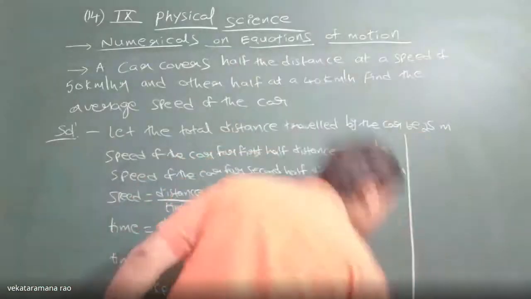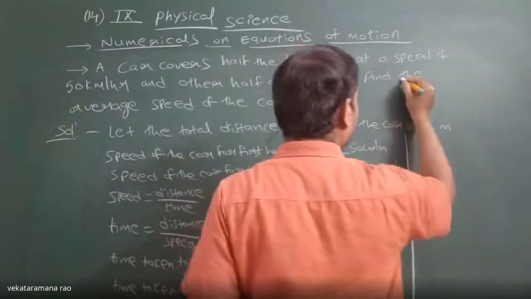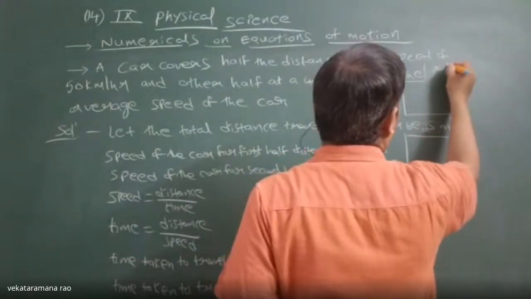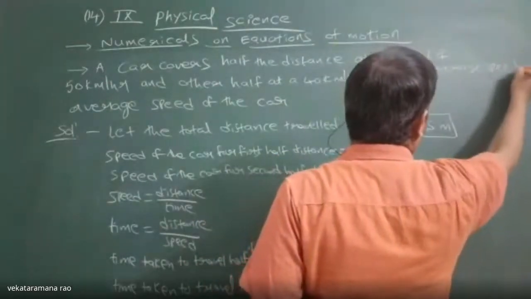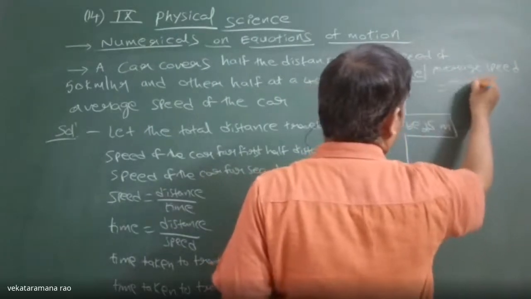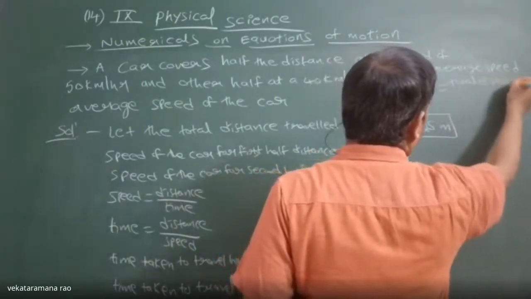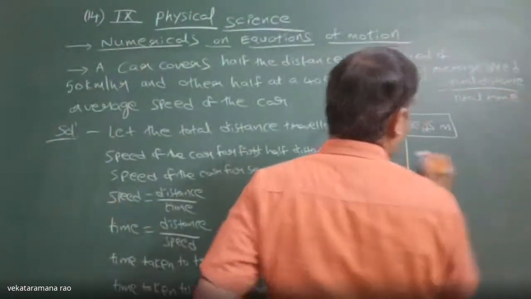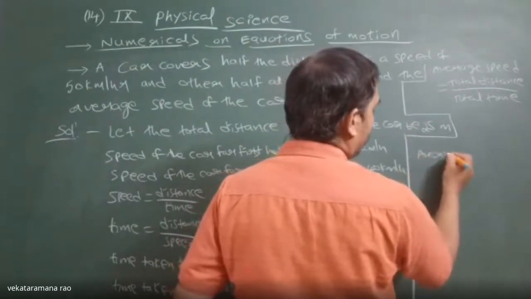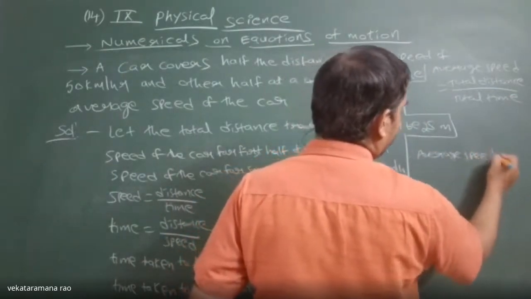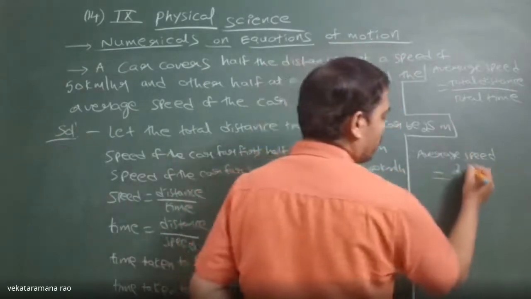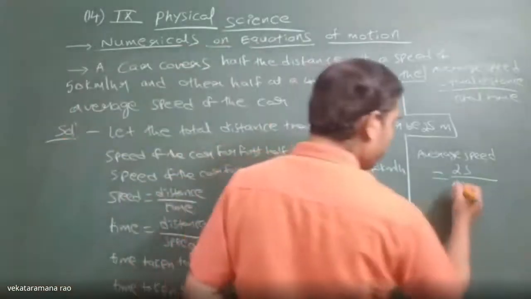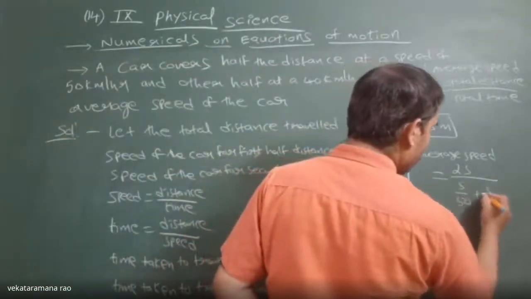Now, what do you have to find? Average speed. What is the average speed formula? Total distance by total time. Therefore, the average speed of the car is equal to the total distance, 2S, by total time: S by 50 plus S by 40.